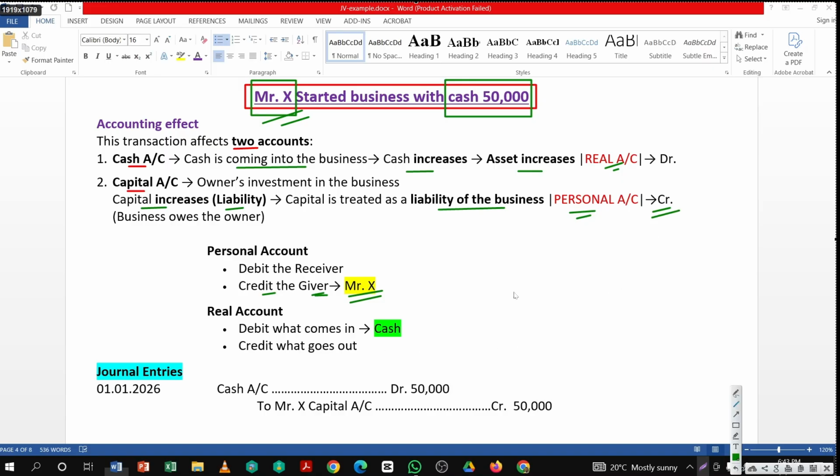And cash means asset increase. So debit, what comes in: cash comes into the business, so cash increases, this will be debit. Now the journal entry will be cash account debit 50,000 taka to Mr. X's capital account credit 50,000 taka.